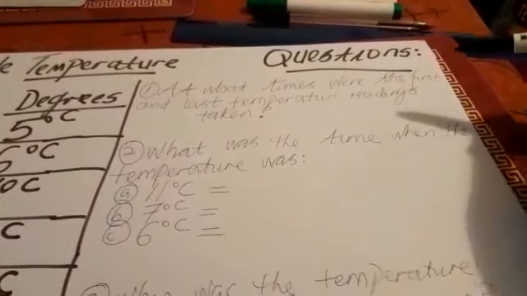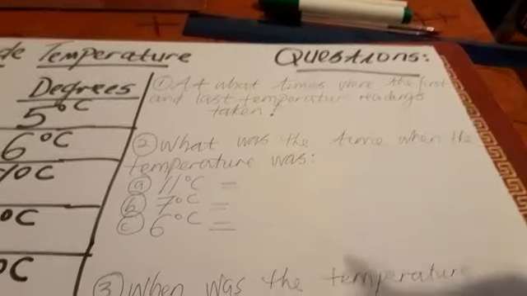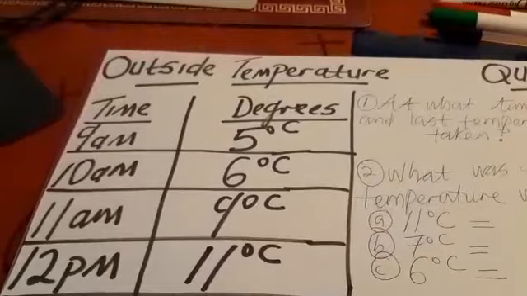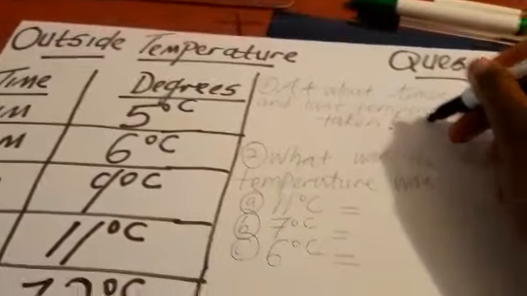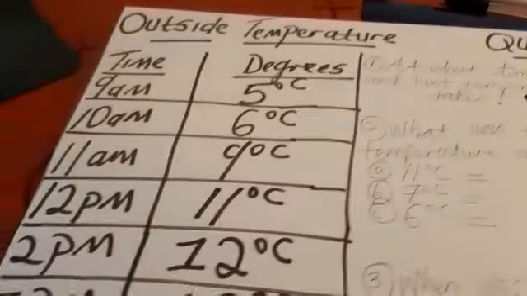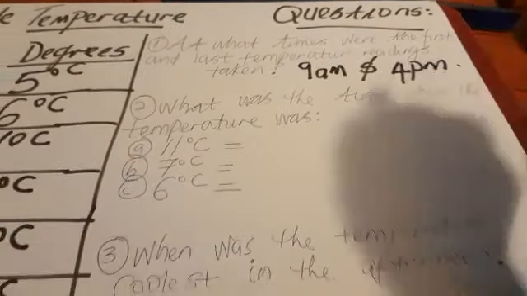At what times were the first and last temperature readings taken? We can clearly see that the first reading was taken at 9 a.m., so we put 9 a.m. And the last reading was taken at 4 p.m., so we put 4 p.m.